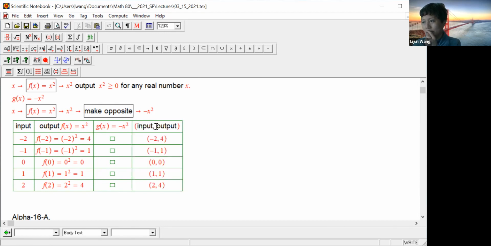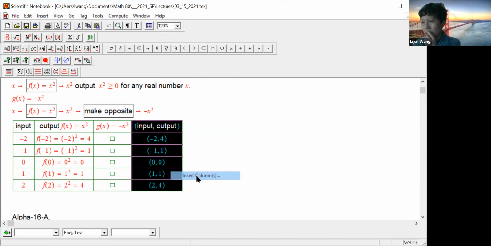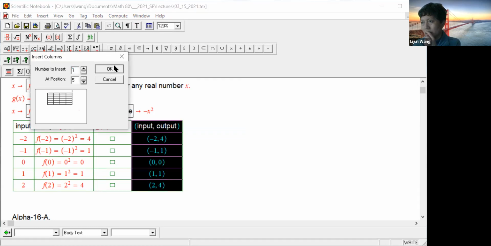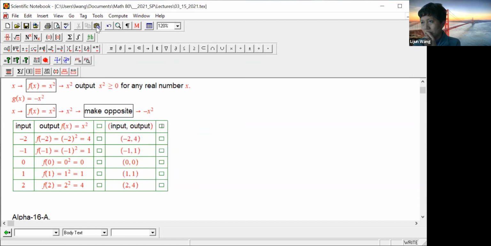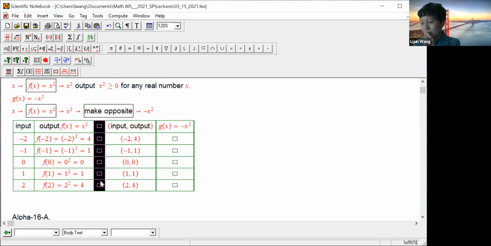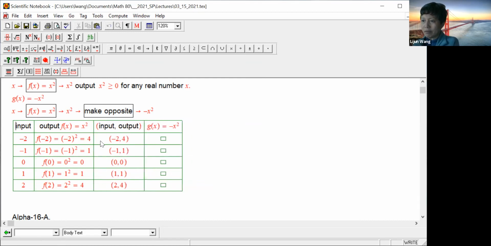That's for the F. Okay, so let me put it this way. Sorry, hold on. I'm just going to make it a little bit clearer. I'm going to put G here. And this is the F output. This is F input, output. Now it's G. For the same input, what do we get for G?